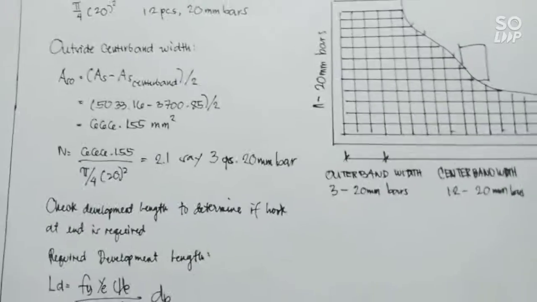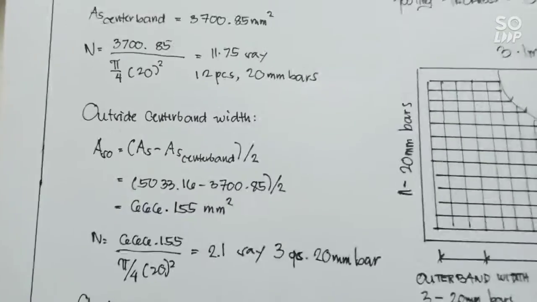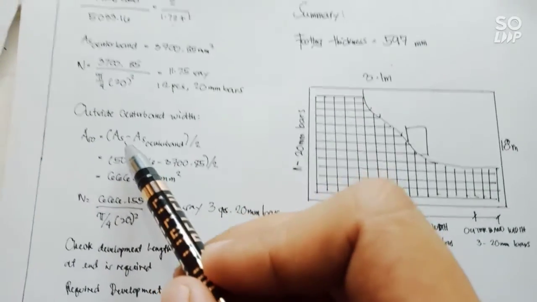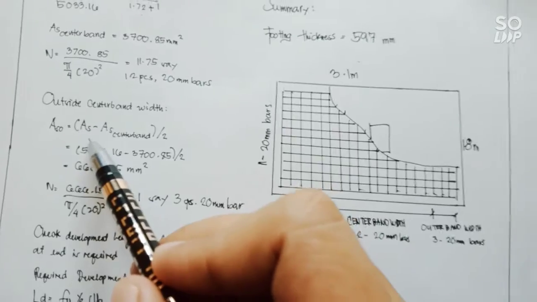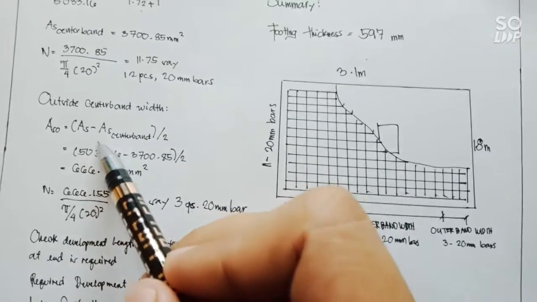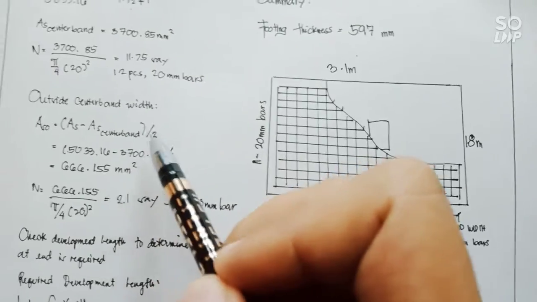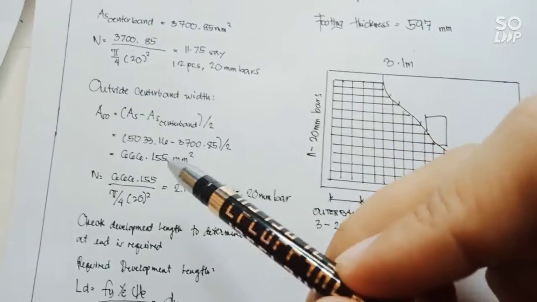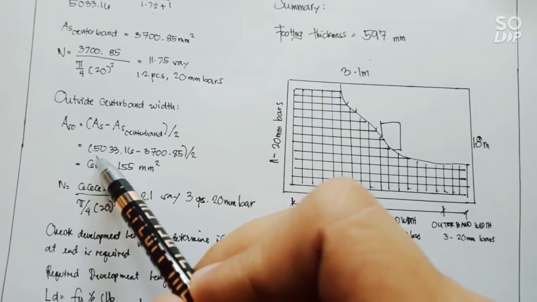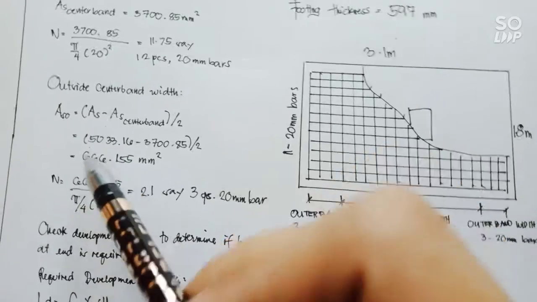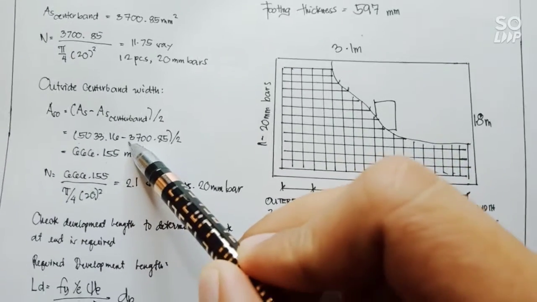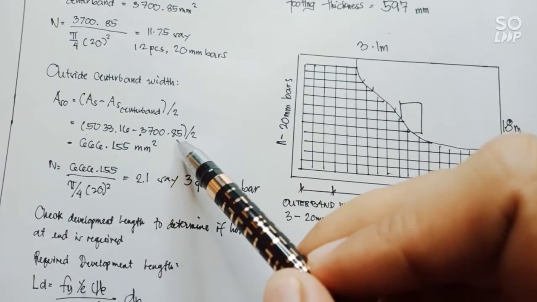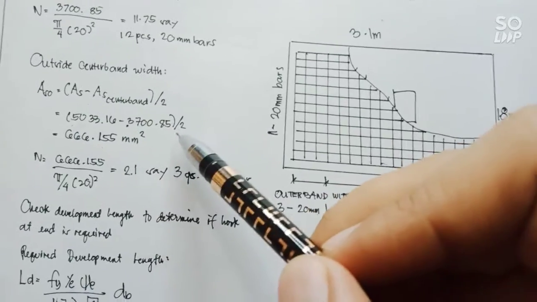For the outside center bandwidth, we have the formula of Aso is equal to As, the area of the reinforcement, minus the area of reinforcement of the center band, divided by 2. So substitute the value from the previous solution. The area of the steel reinforcement is 5,033.16 minus our area of the steel reinforcement of the center band, which is 3,700.85, all over 2.